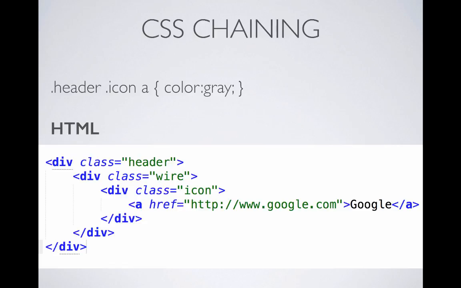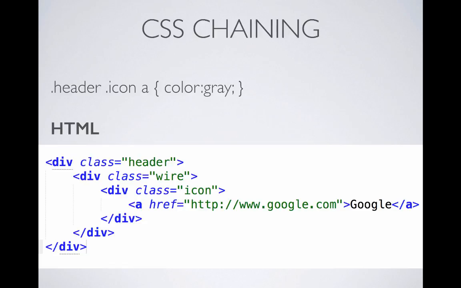For the first example, this selector is selecting an A element, which is the link element, that has a parent element of class icon somewhere along the hierarchy, which in turn has a parent element with class header somewhere along the hierarchy. Here is an example of the HTML coding.